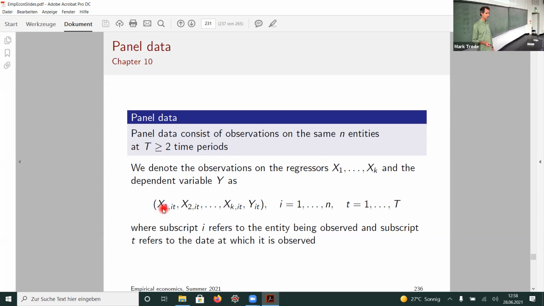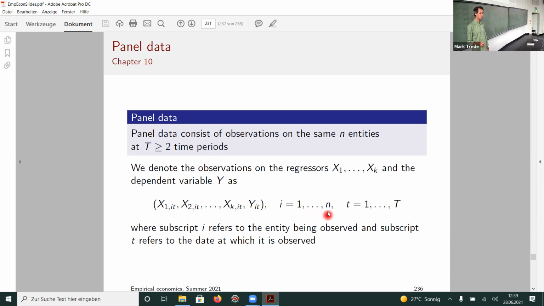The first one is the number of the regressor. So x1 is the first one, x2 is the second one, and so on. And then we have 2 indices for first the individual and second the time period. So it's x1it. And whether you use a comma here or not, that's really a matter of taste. So x1it means the value of the first regressor for individual i in period t. And so on for the other regressors, and also for the endogenous variable. So this is the value of the endogenous variable for individual i in period t.